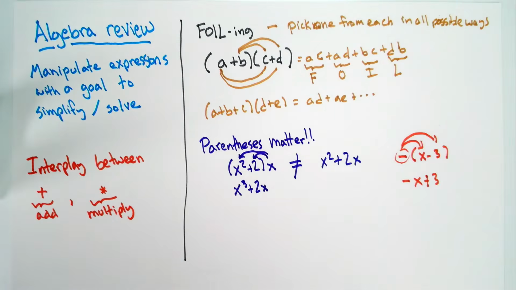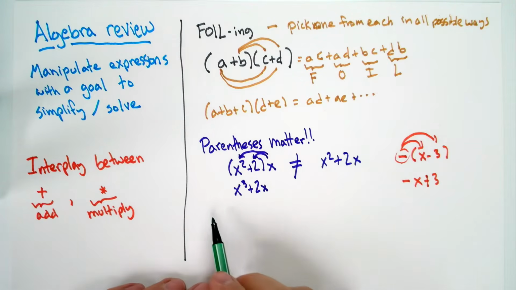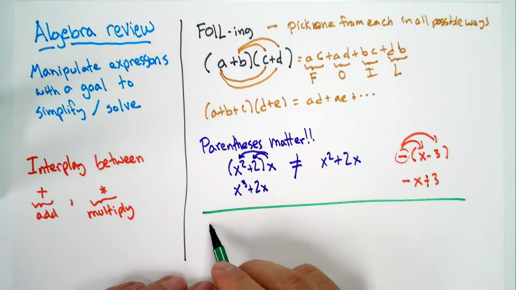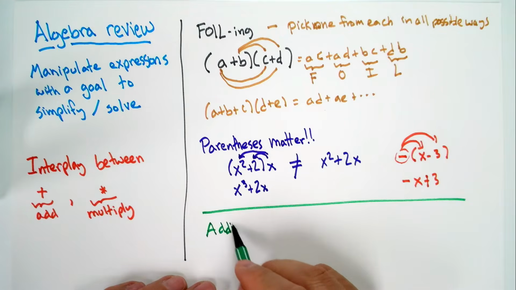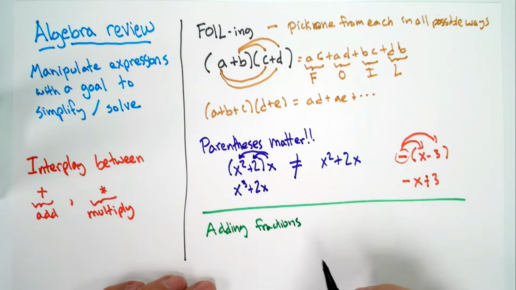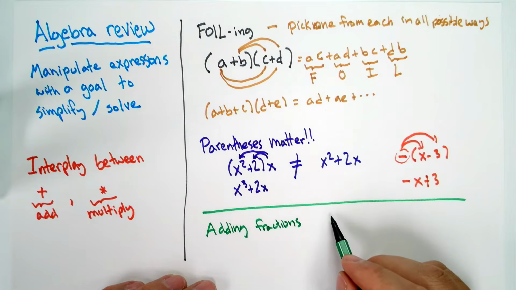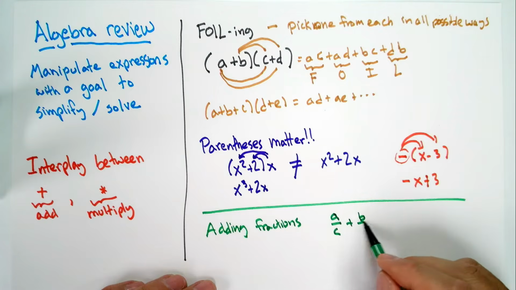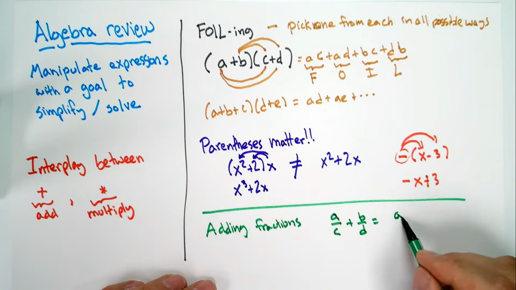All right. Something else that you might encounter at some point in time is adding fractions. One of the things is we'd like to have things simplify in a nice way. So what's nice? It would be nice if I had A over C plus B over D, and I just said, oh, I know, I'll just add the tops.